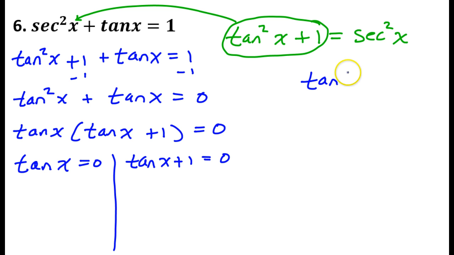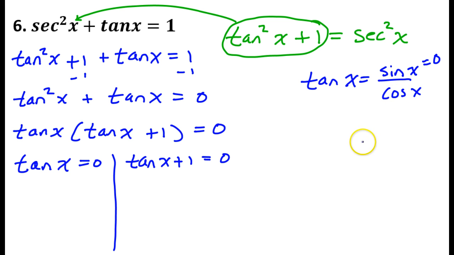If I want to know where tangent equals 0, it helps me to remember that tangent is just sine over cosine. Alright, the only way this fraction is going to equal 0 is if the numerator equals 0. The denominator can't equal 0 because that would be undefined.